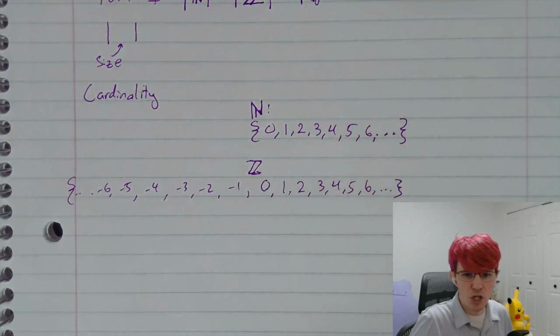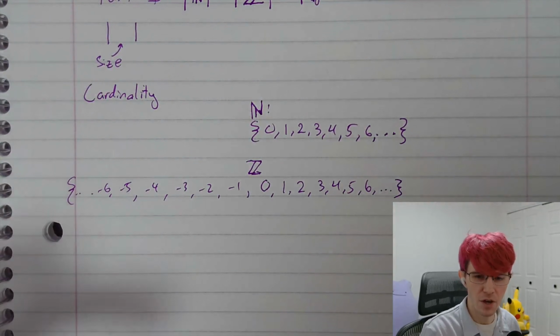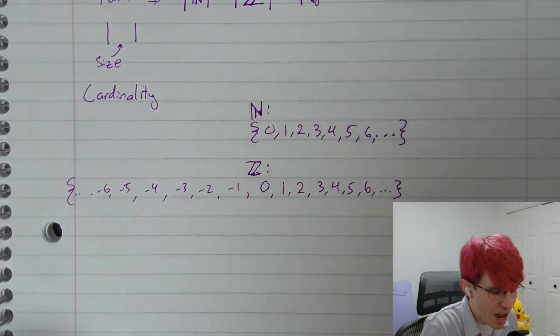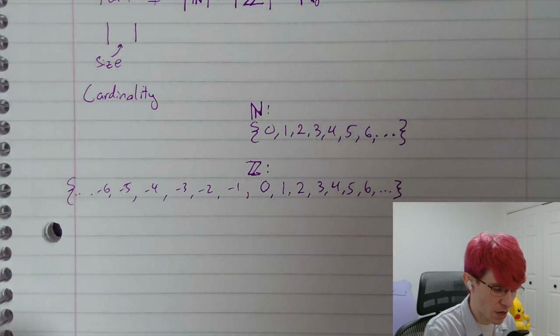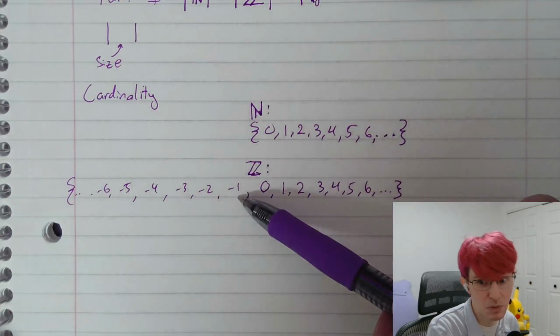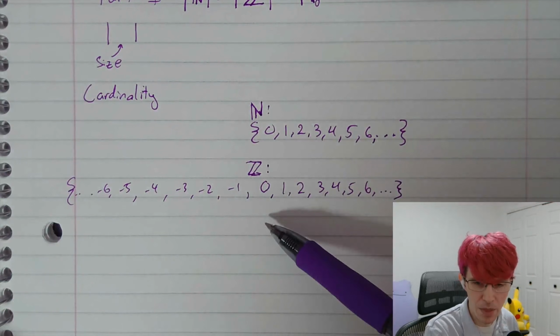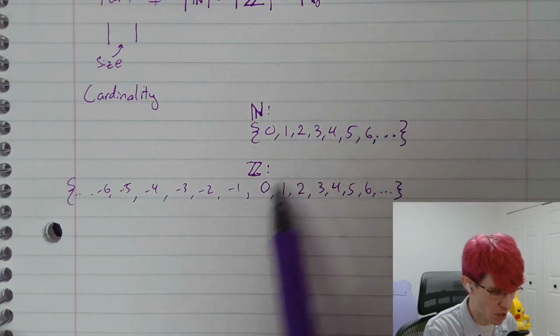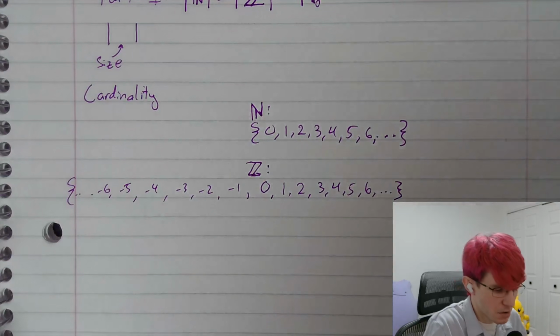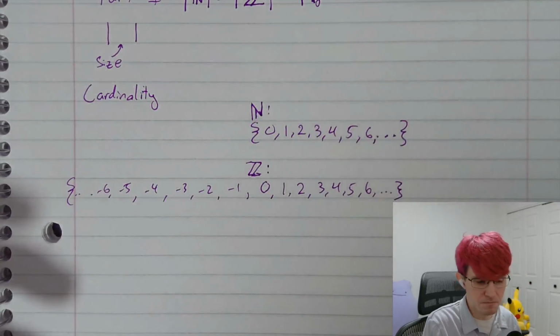So your very first thought when comparing these two sets might be that the natural numbers are exactly half the size of the integers, maybe minus one because the zeros line up. All of these numbers line up, and all of these are extras, so you might say these two things are different sizes.